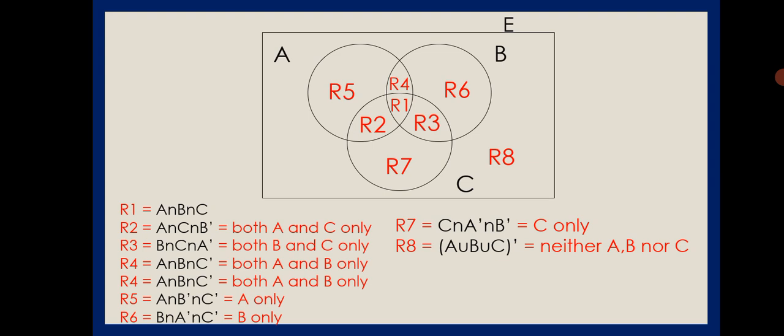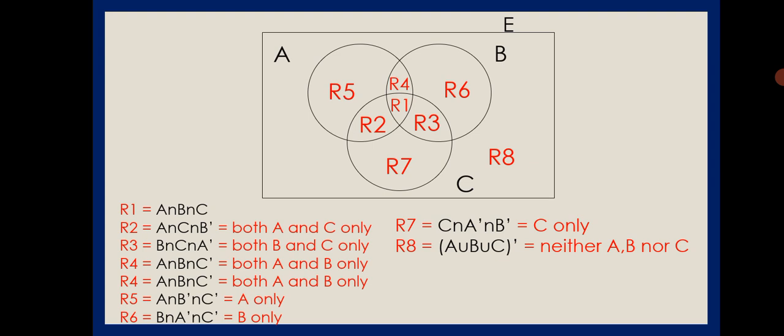In region 4, we have A intersection B intersection C complement is equal to both A and B only, meaning members or elements that belong to both A and B only. We are also going to region 5.